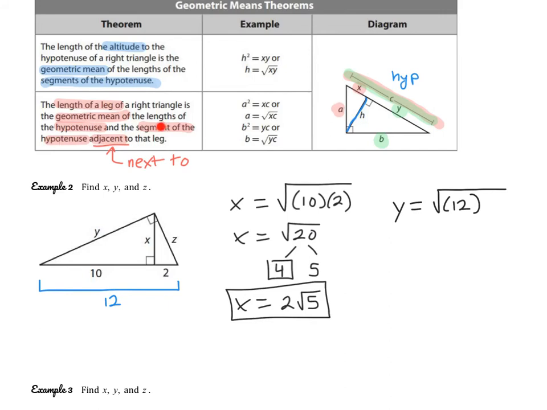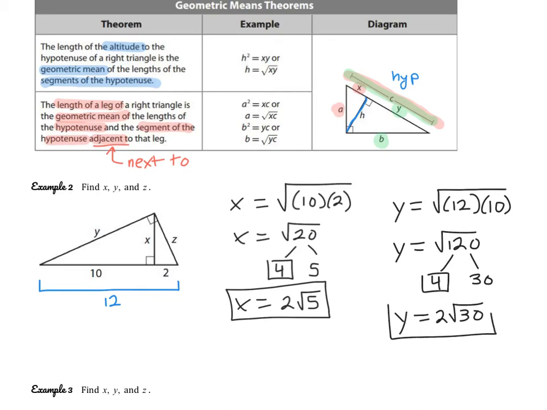And the segment that is adjacent to y, so that would be this side length, which is 10. So here y equals the square root of 120. So to simplify, if we think of 120 as 4 times 30, this is a perfect square, so y equals 2 times the square root of 30.